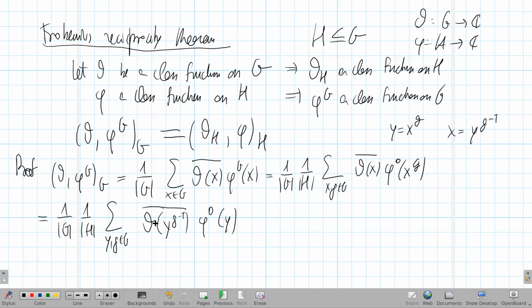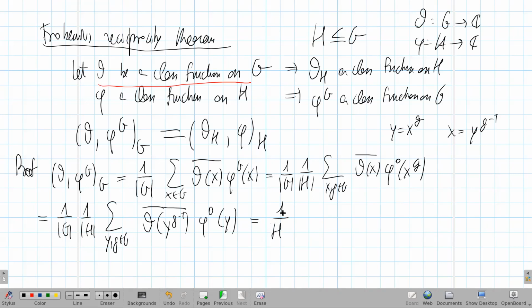But note that theta, by definition, is a class function. Which means that all these values, when y is fixed, are the same because they are just values over conjugates. So when you sum over g, there's no g anymore here. All these elements are equal, and there are, of course, order of G of them.